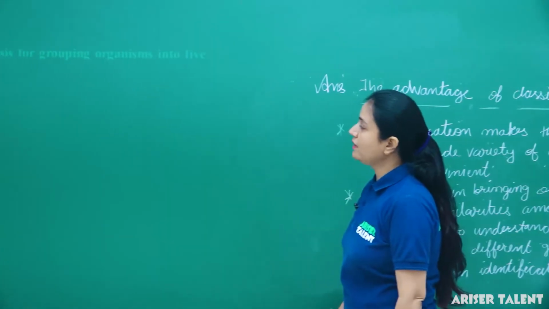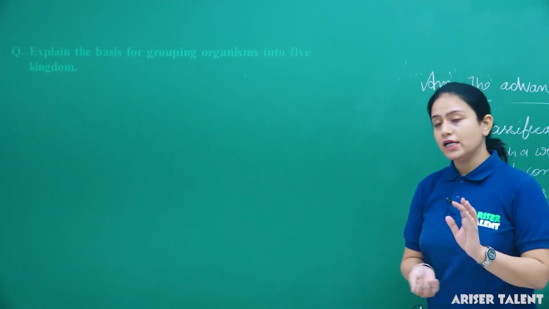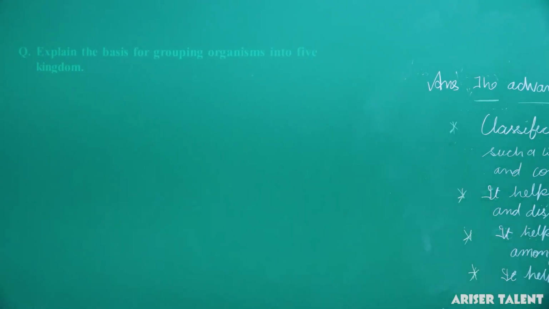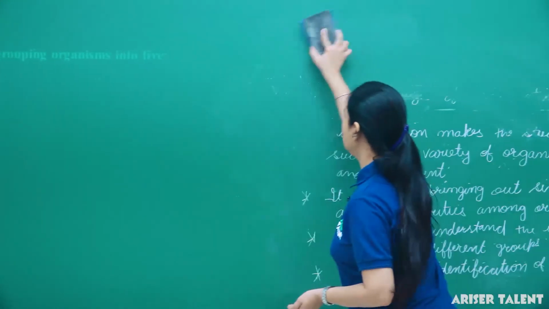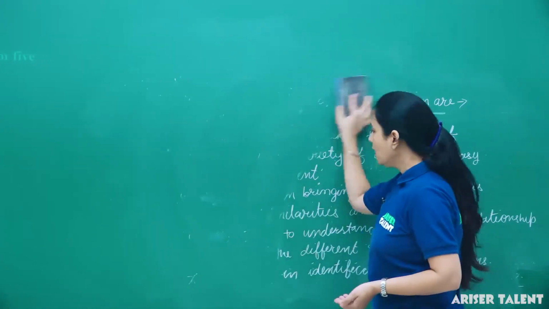Next is: explain the basis for grouping organisms into 5 kingdoms. As we all know, organisms are classified into 5 kingdoms. What are they? Monera, Protista, Fungi, Plantae and Animalia.